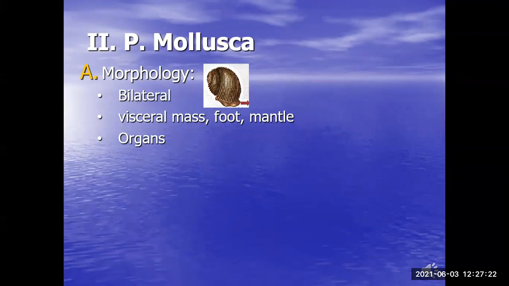Another organ is called the radula. The way we used to describe it was as the rasping radula, and that's not as useful as it used to be, because I don't know how many of you have used a rasp, but you may have. If you don't know what a rasp is, it's like a wood file.